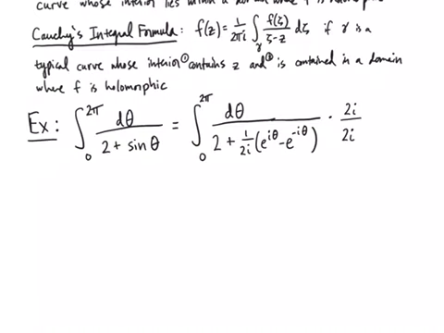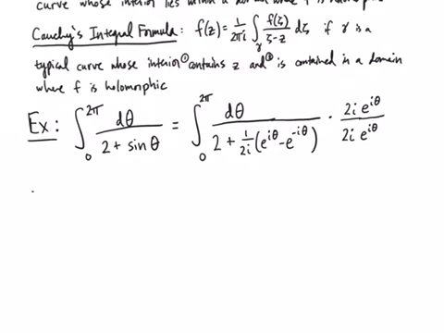And also a key maneuver here is we're going to multiply by e to the i theta, because that e to the minus i theta is really 1 over e to the i theta. So again, it's like a fraction, and it'll just be more seemly looking if we get rid of that fraction.